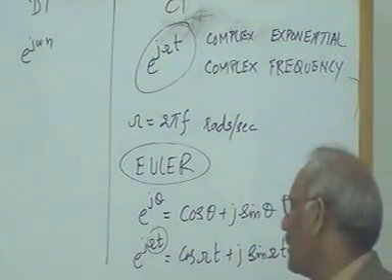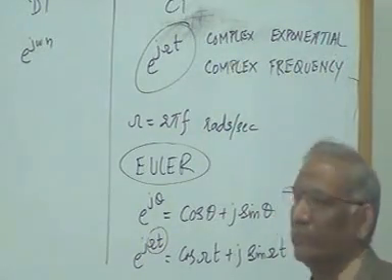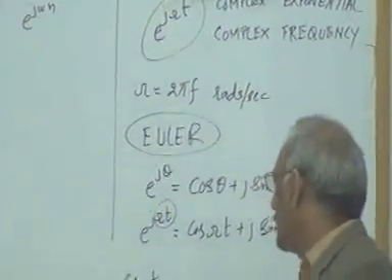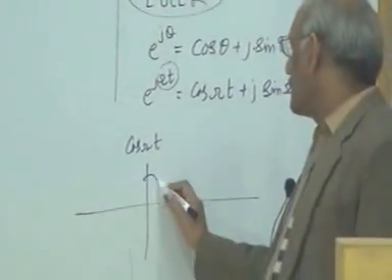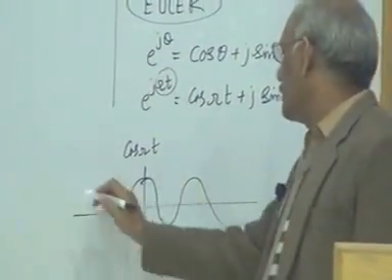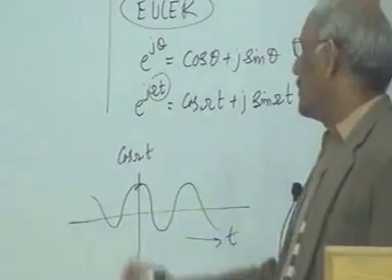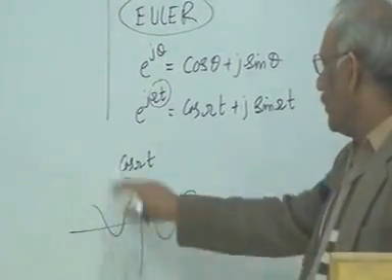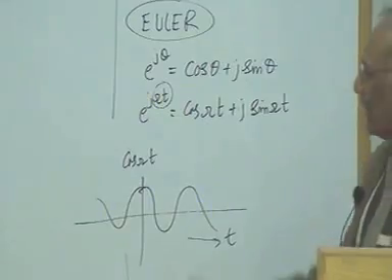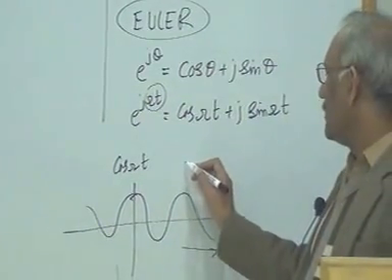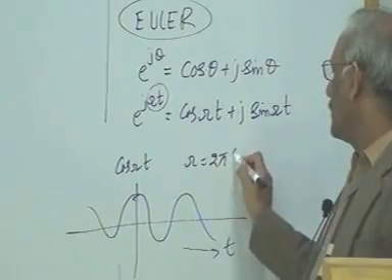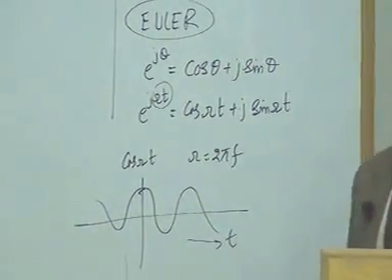What is cosine omega t? This is a simple sinusoid. And if you plot this sinusoid, it has a particular frequency, and the frequency is related to omega by this relation.